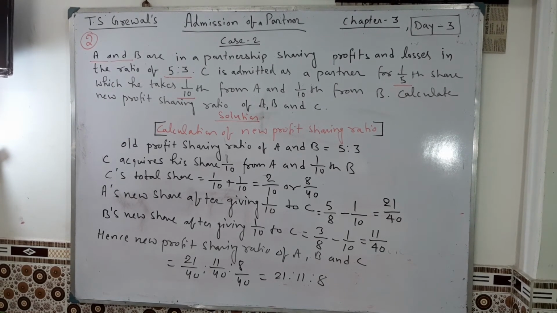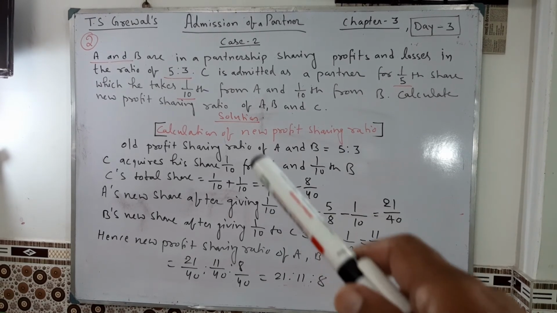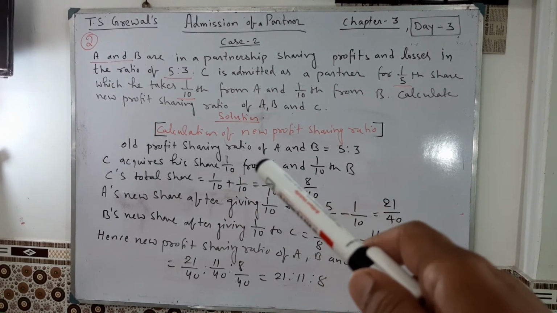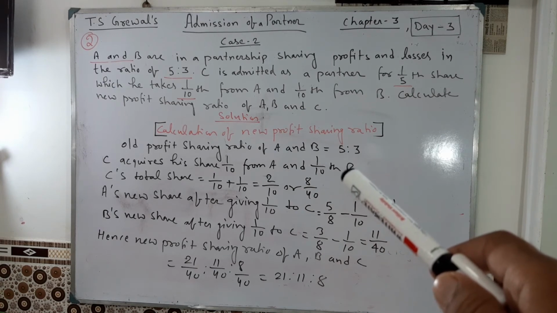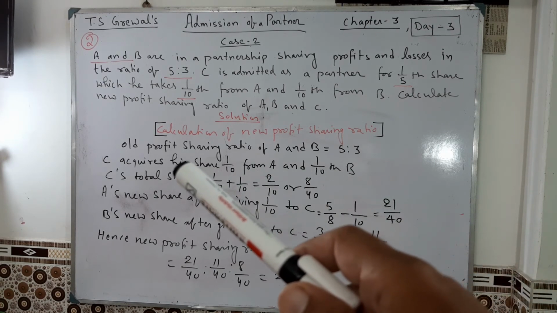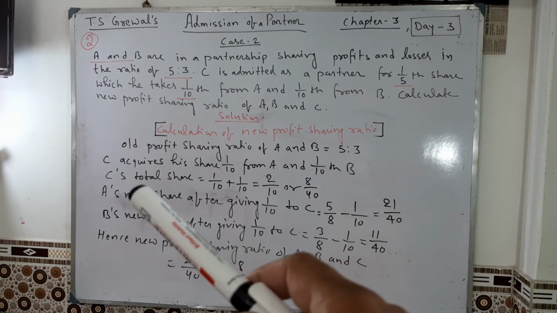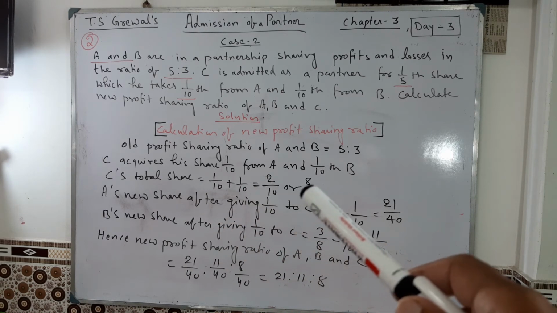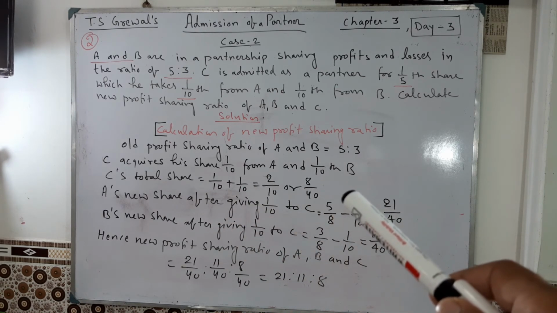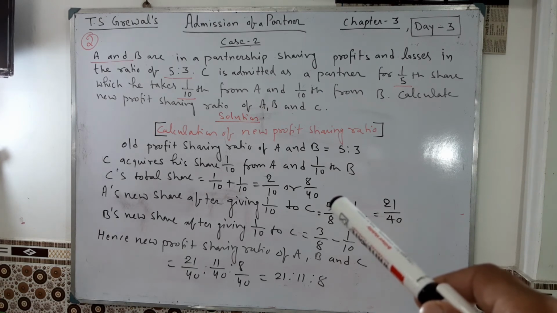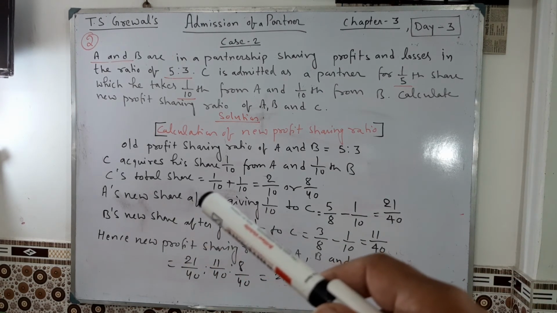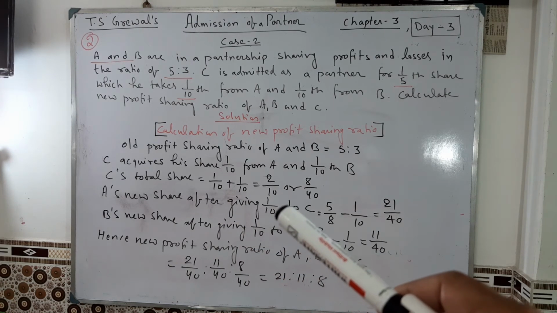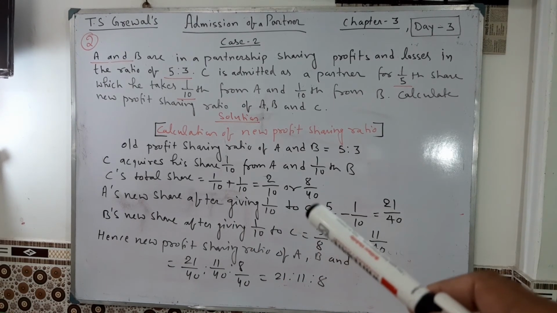The old profit sharing ratio of A and B is 5:3. C acquires his share, 1/10 from A and 1/10 from B. C's total share is 1/10 plus 1/10, equal to 2/10 or 8/40.